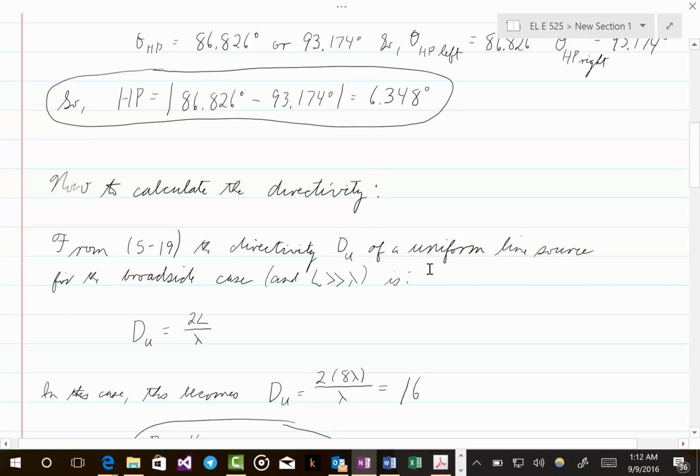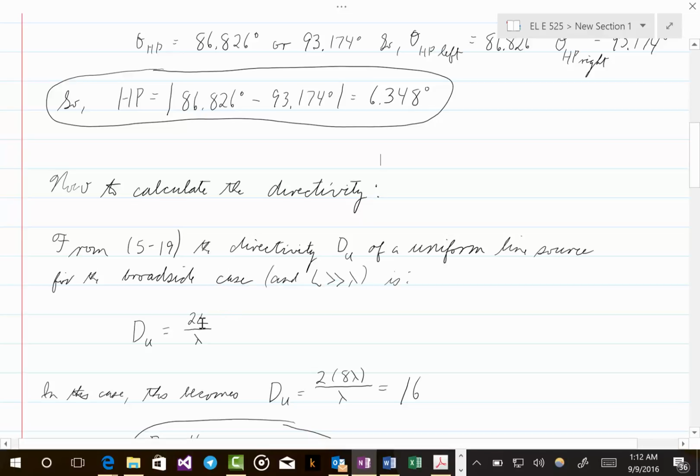The assumption is built into this formula that L is much greater than lambda, which is appropriate to use in this case since L is equal to 8 lambda.